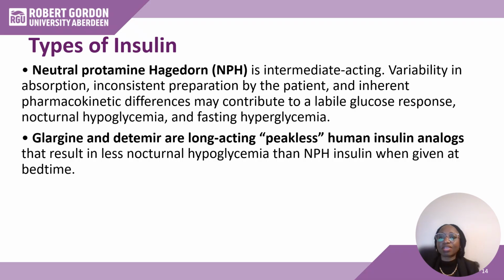The next are the long-acting analog insulins, such as glargine and detemir, that were developed to overcome these issues. They offer flatter, more predictable profiles with less pronounced peaks, reducing the risk of nighttime hypoglycemia when taken at bedtime.